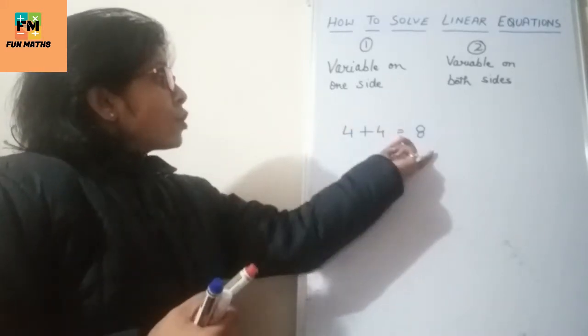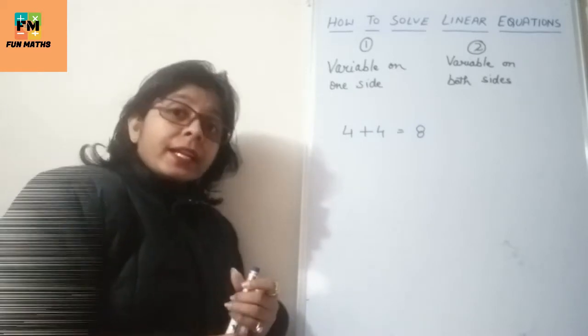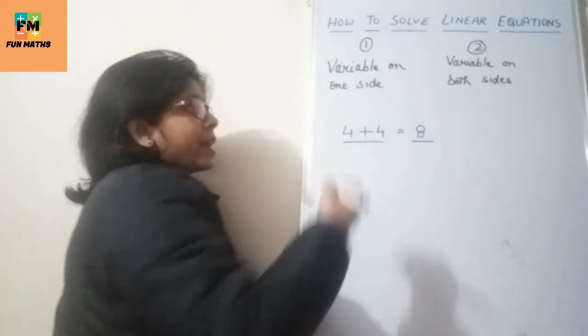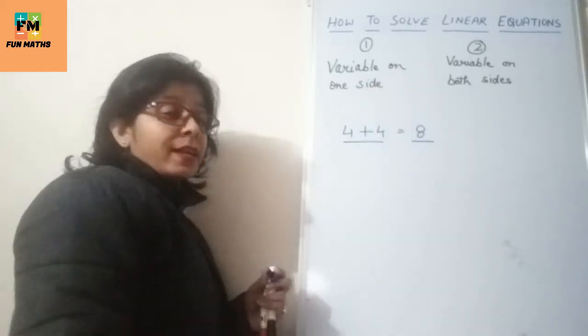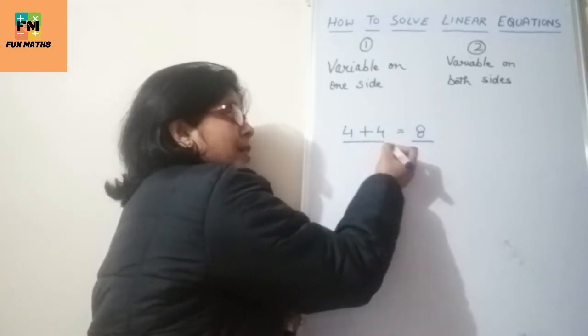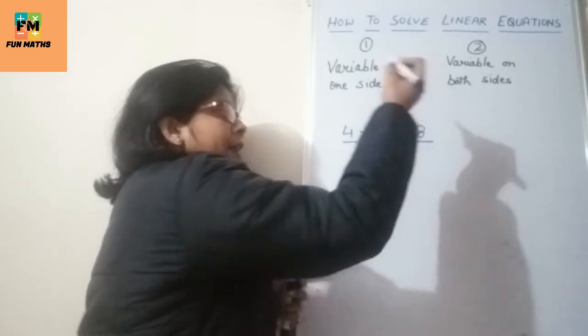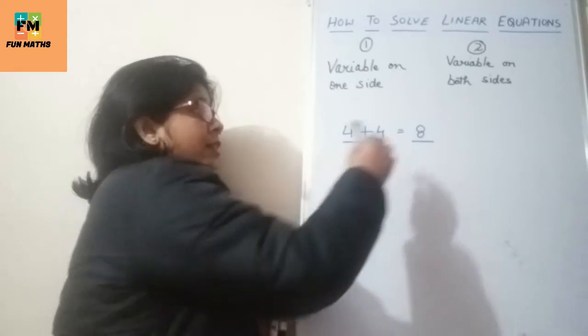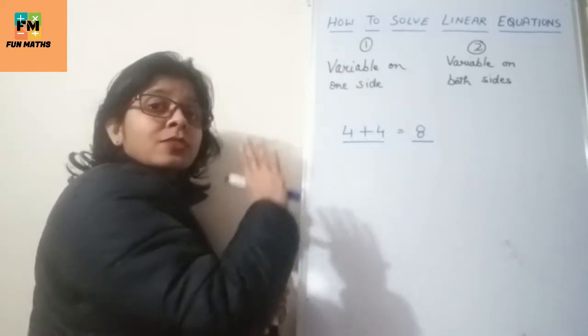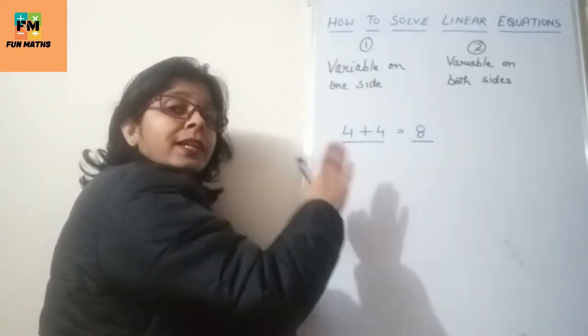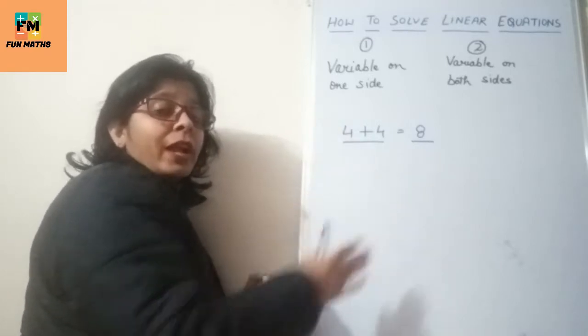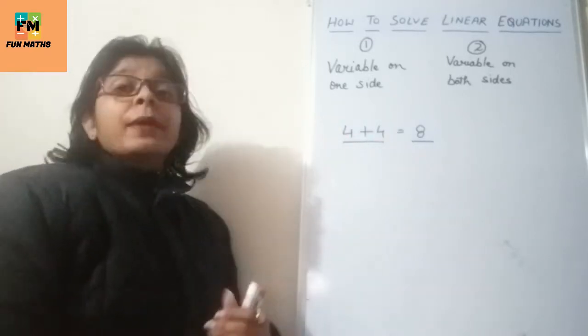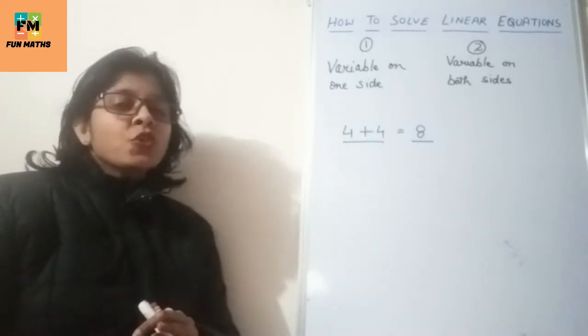It is not looking the same, but it has the same value, which is why it is known as a balanced equation or a true equation.